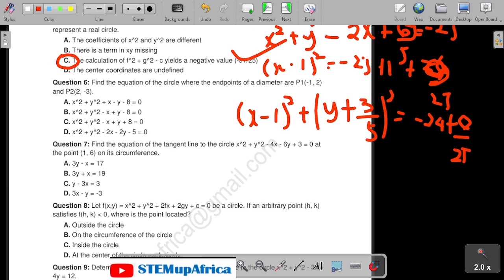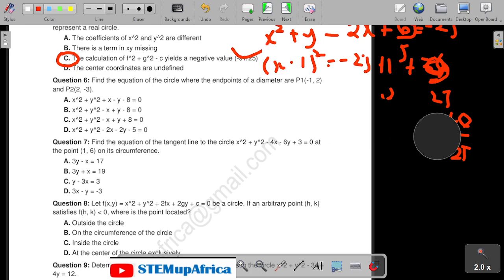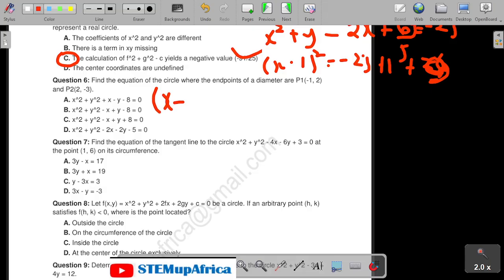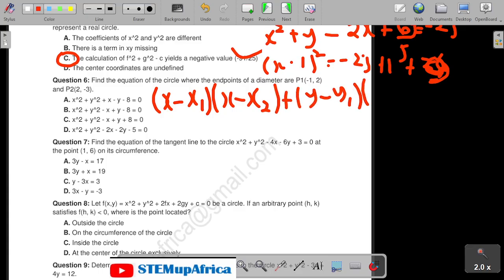So let's see number 6. Find the equation of the diameter. That one is straightforward. You'll have (x minus x1)(x minus x2) plus (y minus y1)(y minus y2) equals 0. This is how you determine the equation of a diameter.